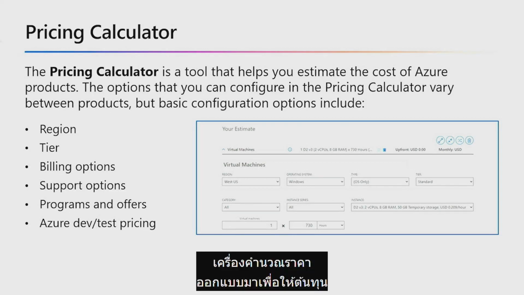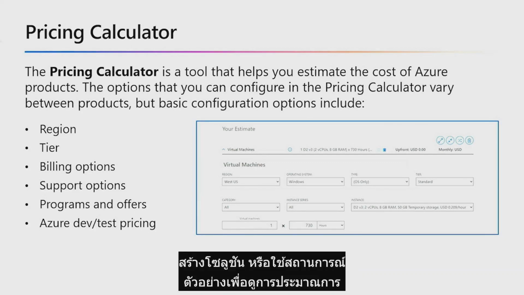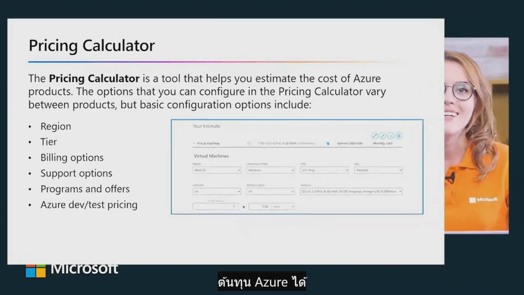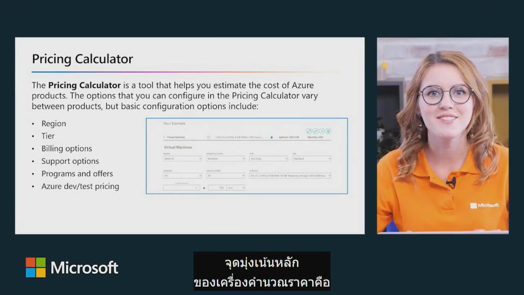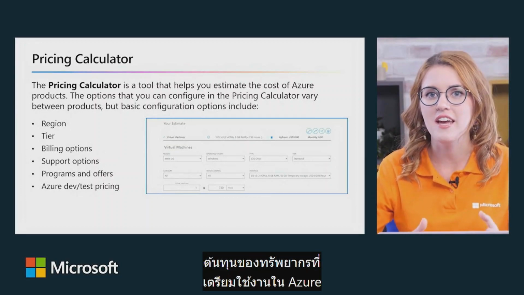The pricing calculator is designed to provide an estimated cost of provisioning resources in Azure. You can pre-assess the cost of individual resources, build a solution, or use a sample scenario to view Azure cost estimates. The main focus of the pricing calculator is on the cost of provisioned resources in Azure.